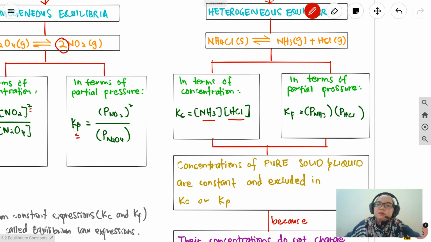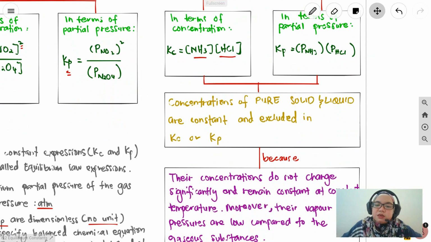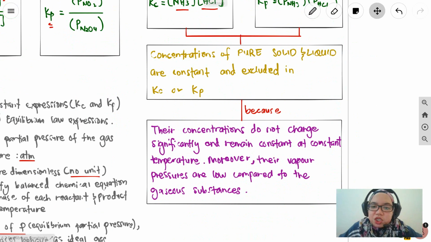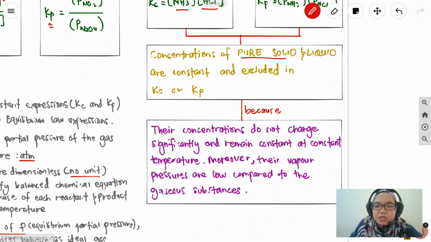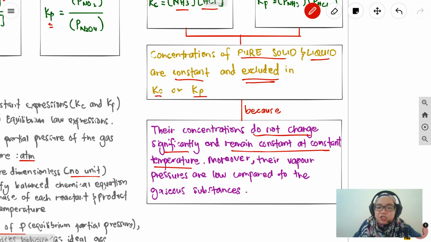Now, the reason why pure solids and liquids are excluded from Kc or Kp is that their concentrations do not change significantly and remain constant at constant temperature. This means that regardless of the amount of the solid, the concentration remains the same.